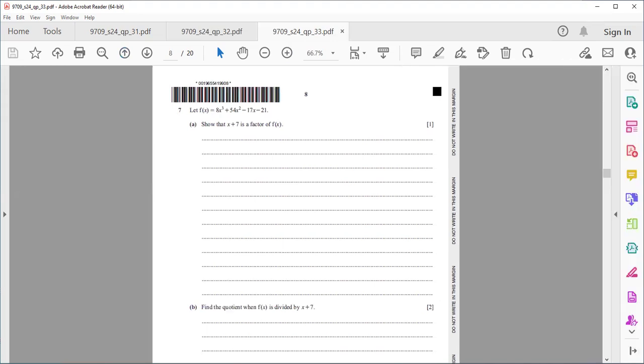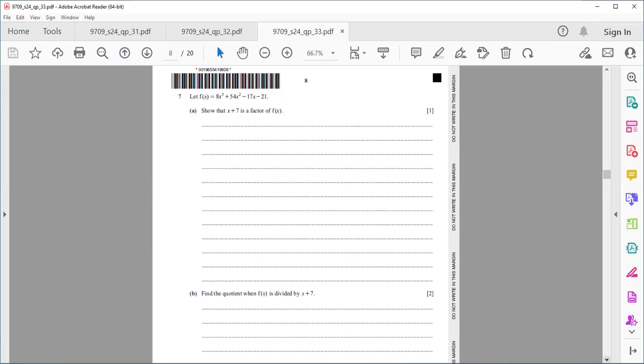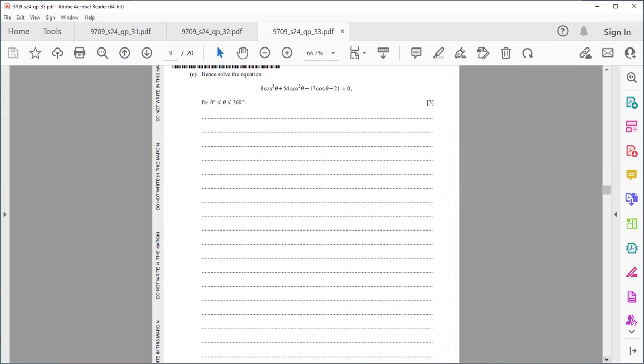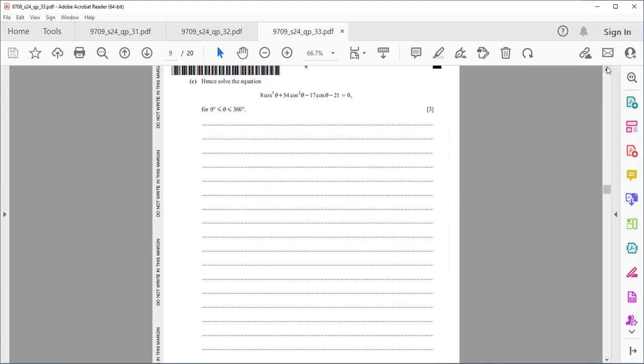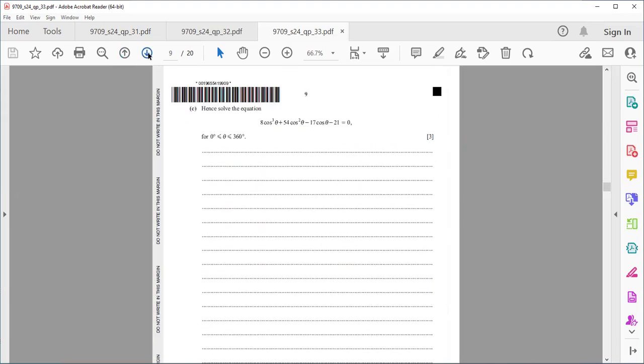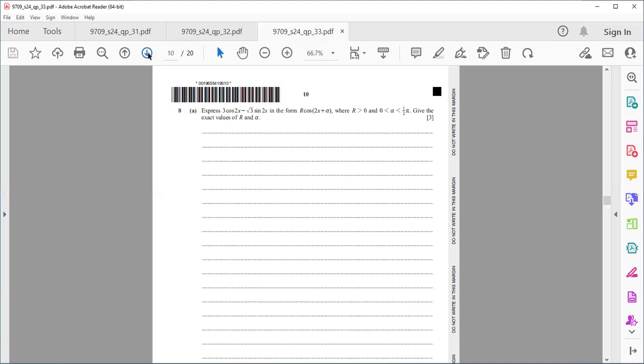That is the application of function. We have this one. Yes, this is a topic that I explained yesterday.